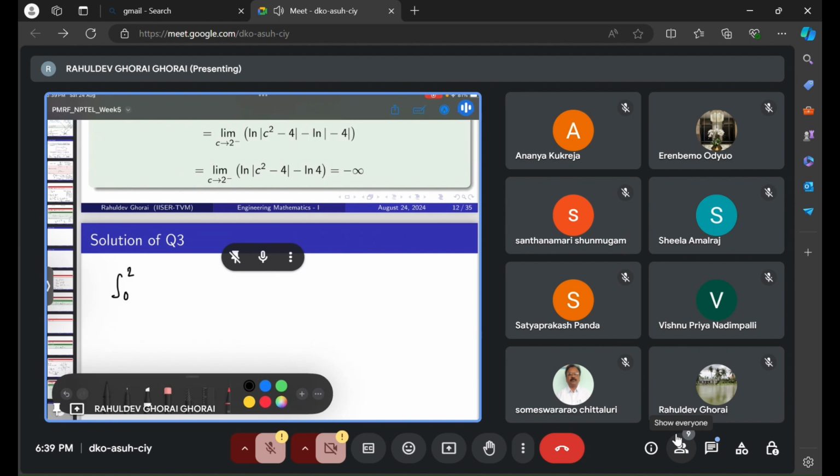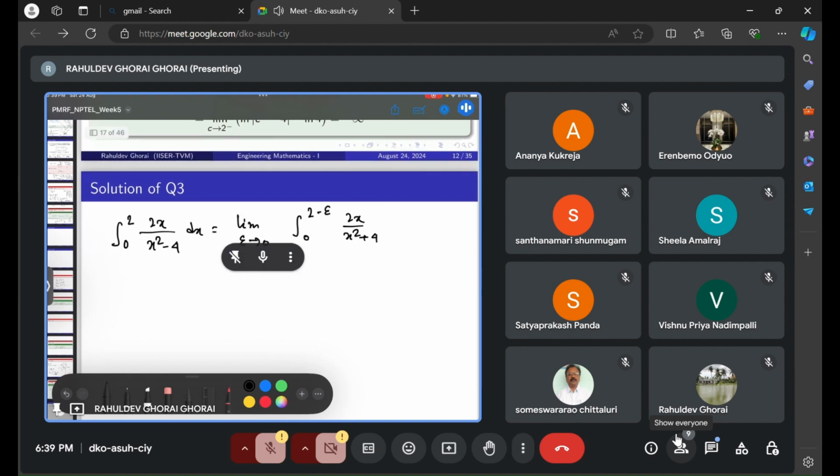So the integral from 0 to 2 of 2x over x square minus 4 dx will be nothing but the limit as epsilon tends to 0 of the integral from 0 to 2 minus epsilon of 2x over x square plus 4 dx, right?